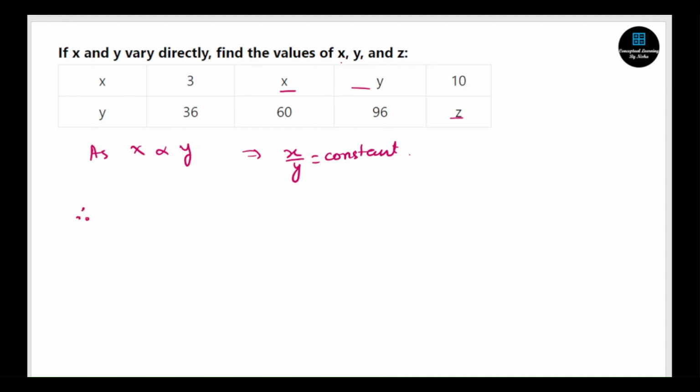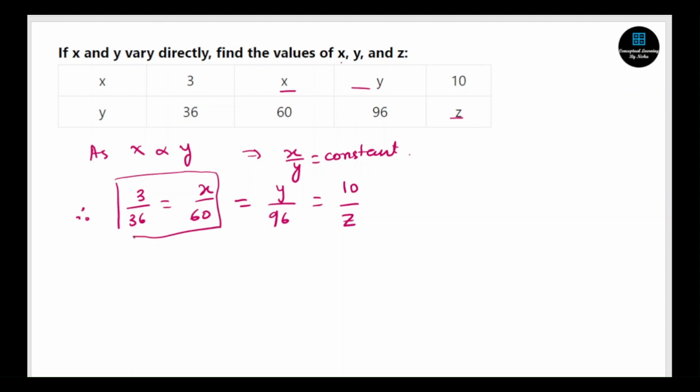And now I can write this. Therefore 3 upon 36 equals x upon 60 equals y upon 96 equals 10 upon z. Now see, I have this quantity which is known here, right?